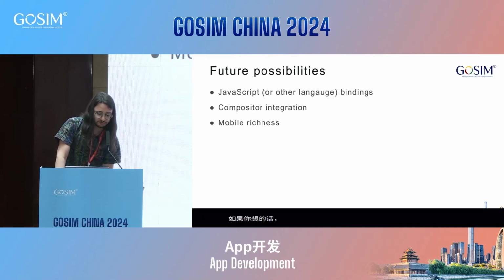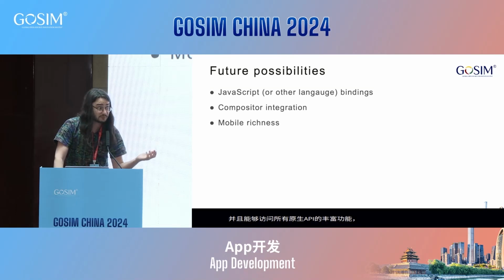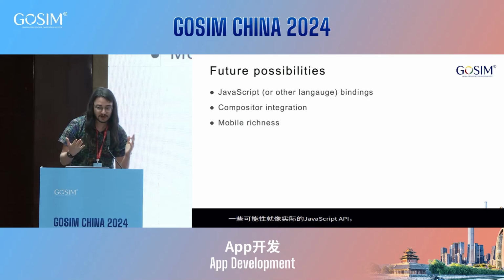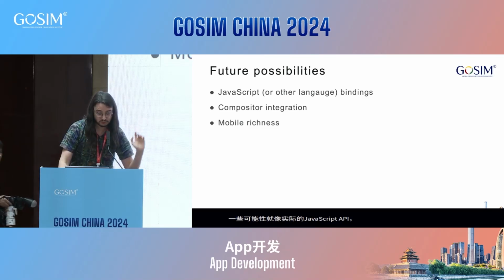And then, longer term, some possibilities are actual JavaScript APIs, so you really have a full browser experience. Compositor integration, so that if you want to pull in content from other apps or videos and things, that will all work.